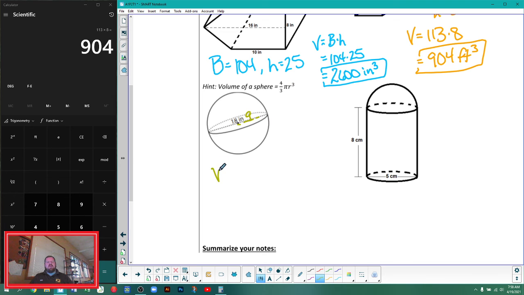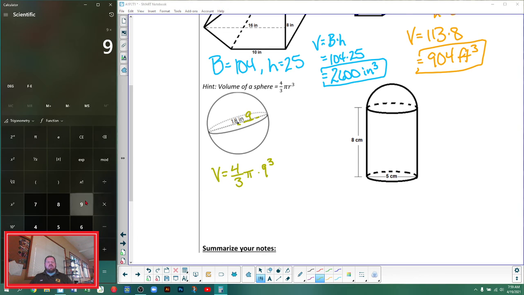And so the volume is going to be 4/3 pi times 9 cubed. 9 cubed is 9 times 9 times 9. We want to multiply that by 4/3. My best way to do that is to put 4/3 in parentheses. And so we get 972.